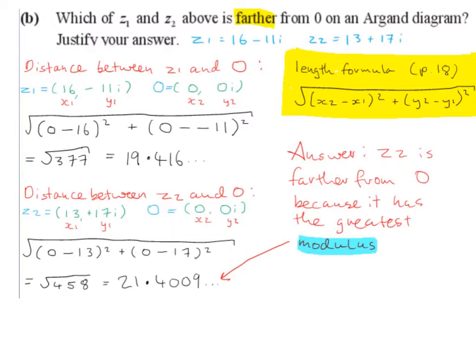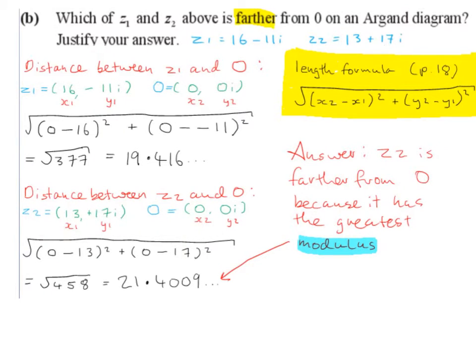So then we're going to do the same with Z2 and the origin, which is the point 0, 0. So we're going to get the distance between Z2 and 0. Again, Z2 is 13 plus 17i, and the origin is 0, 0i. Again, we label them x1, y1, x2, y2, and we use our length formula from page 18 of our formula tables.